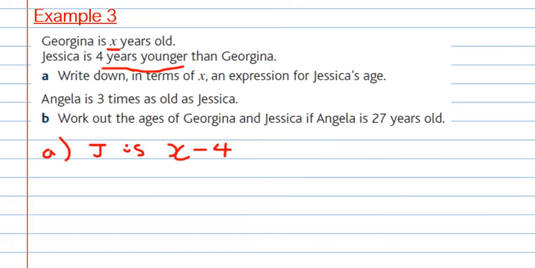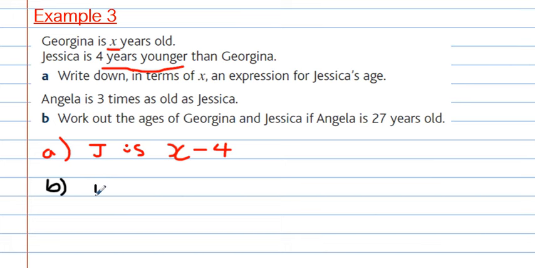Then for the B part, here's a standard GCSE question, by the way. The top one is a 1 marker, and the second part will probably be a 2 or 3 marker, depending. We are told that Angela is 3 times as old as Jessica.